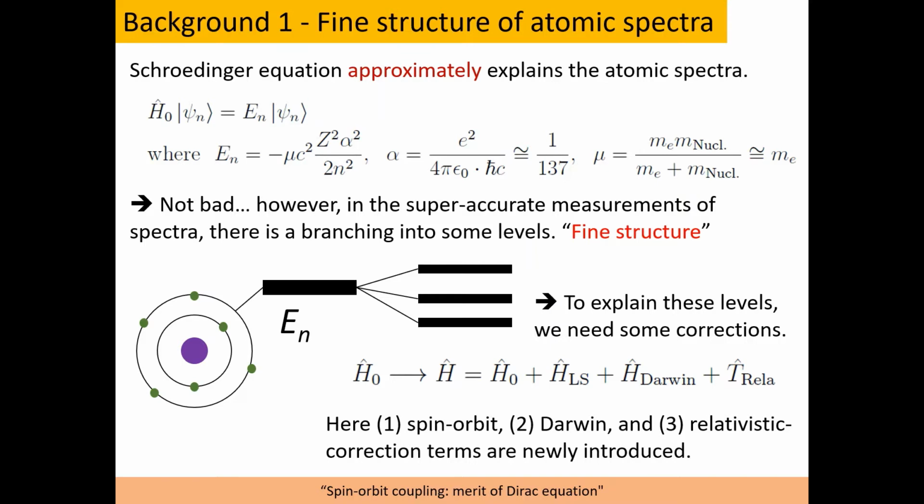That is, from the original Hamiltonian H_0, we should additionally employ the spin-orbit splitting, the Darwin term, and also the relativistic correction terms. So that is the first background why the spin-orbit splitting as well as the other corrections have been necessary in atomic physics.